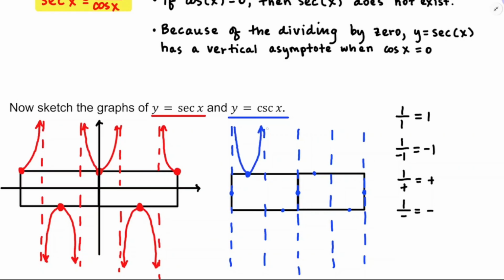Places where sine x is positive, cosecant x will be positive. Places where sine x is negative, cosecant x will be negative. And we'll have a very similar looking graph. But that wouldn't be surprising to me because I know that the graphs of y equals sine x and y equals cosine x are also very similar. All right, so that's going to be the graph of y equals cosecant x.